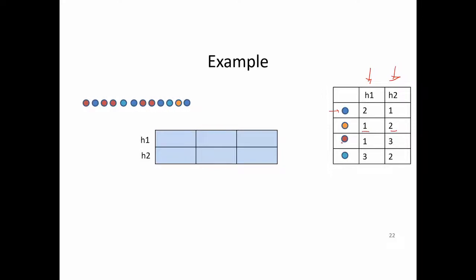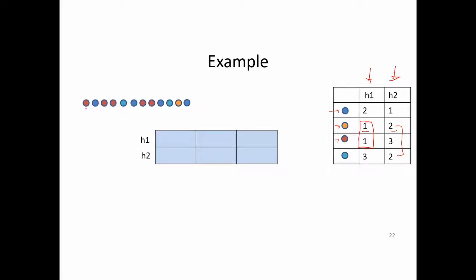You see there is a collision here, but this is not colliding. There is a collision in the first dimension, and the second hash function has a collision between orange and turquoise, while the first has a collision between orange and red.